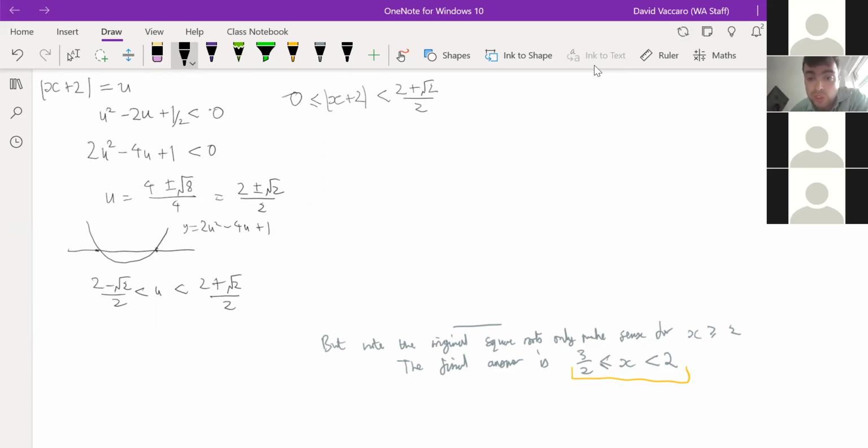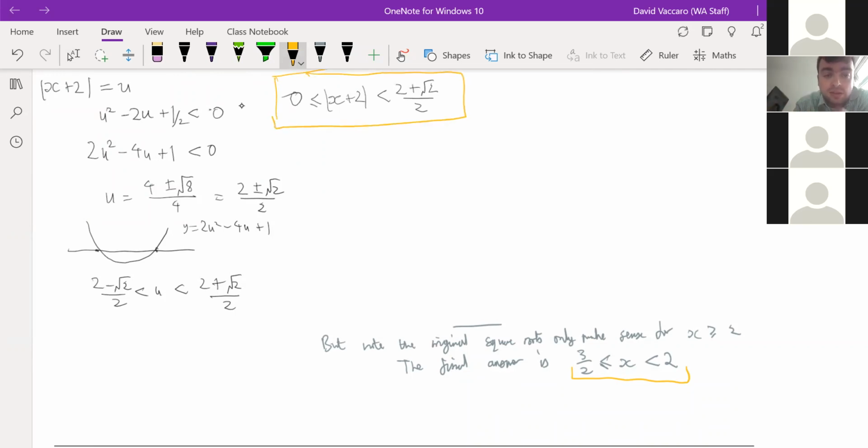Okay, so we've now reduced to this inequality, because it's got to lie within this larger interval, but the modulus is always going to be 0 or more. What might be a good thing to sketch or look at at this point in order to understand the modulus function?